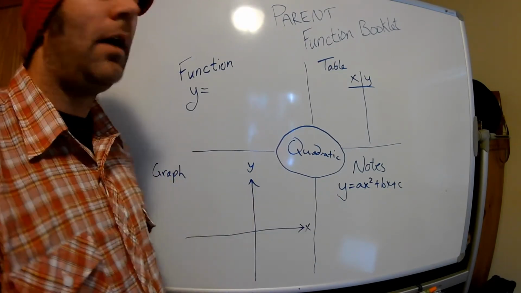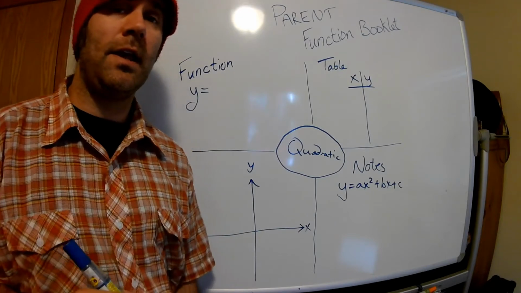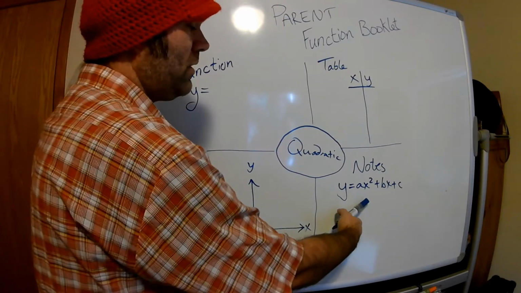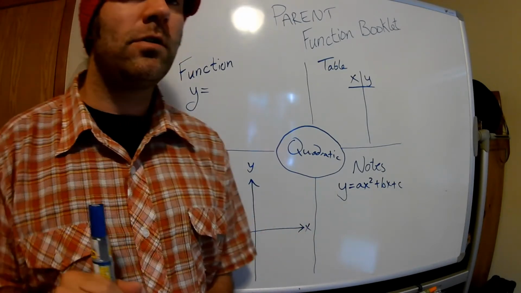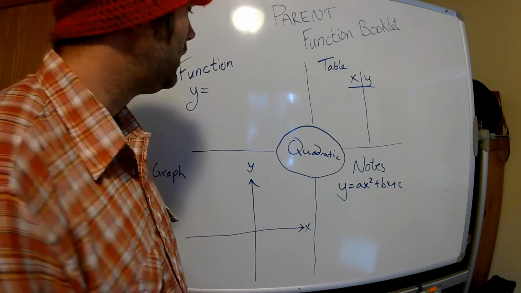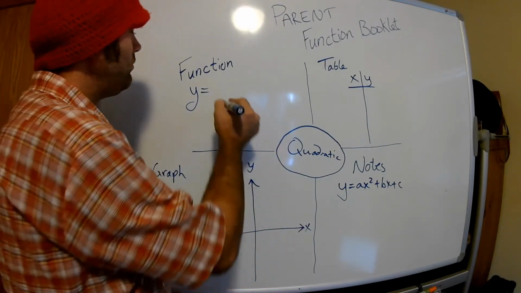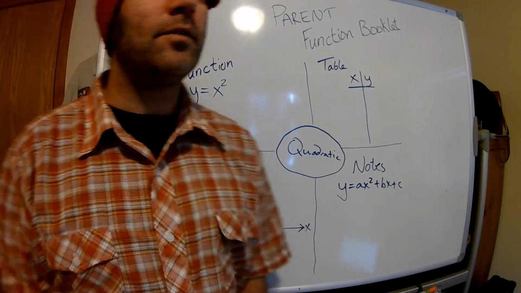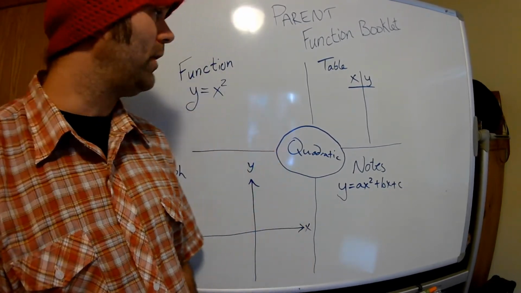So the parent function is a simple form of this equation. And if you could imagine, just like linear, we need to have x involved. In fact, we need an x squared. And y equals x squared is the parent function.